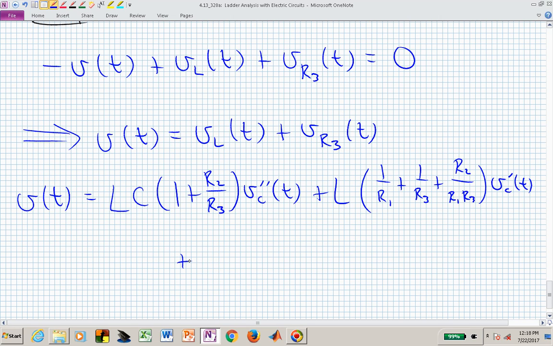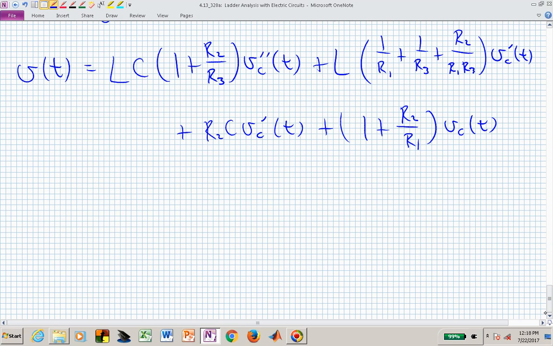And now we need to add in V sub R sub 3, which is R sub 2 C V sub C prime of t plus 1 plus R sub 2 over R sub 1 V sub C of t.